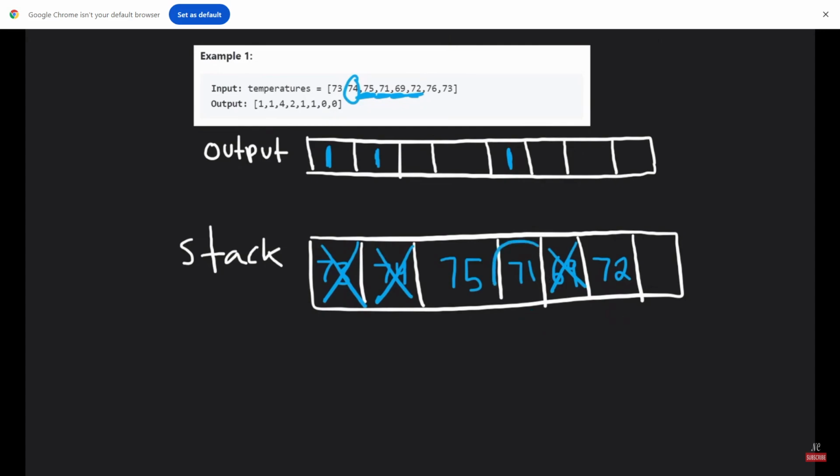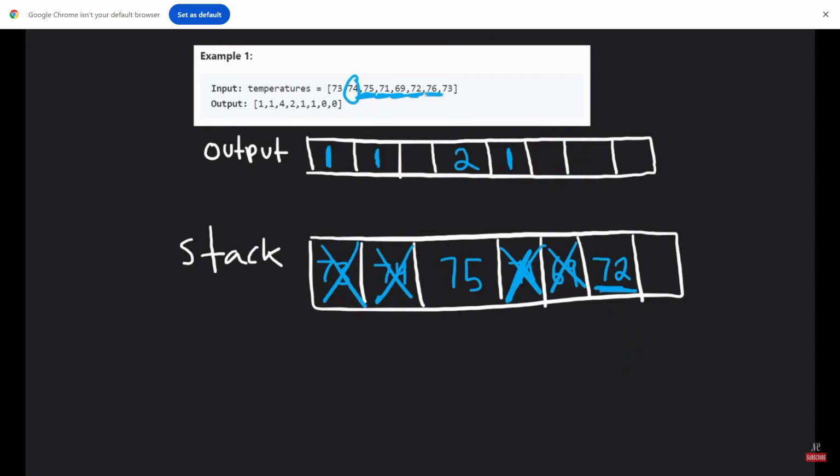So for 71, we're going to say it took 2 days for us to find a greater temperature than 71. So for this position, we add a 2. So we pop 71 from our stack. Now 72 is not greater than 75, so we still have a hole in our output over here. We never found a greater temperature than 75 yet. And similarly for 72, we have a hole.